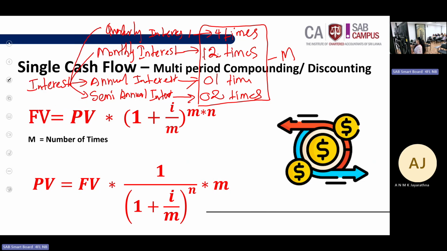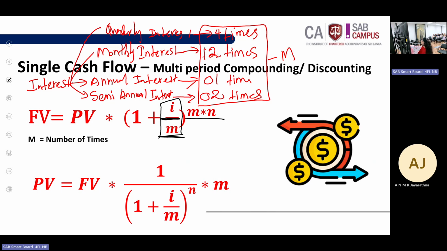Number of times that you are receiving the interest, what would be your interest rate? We previously applied annual interest. Now you have to convert based on your number of times that you are going to have this interest. What would be the interest rate for the particular time period?